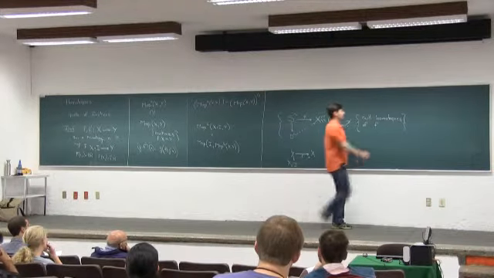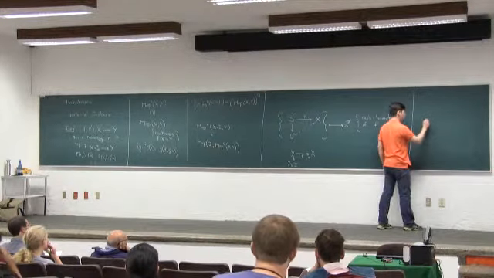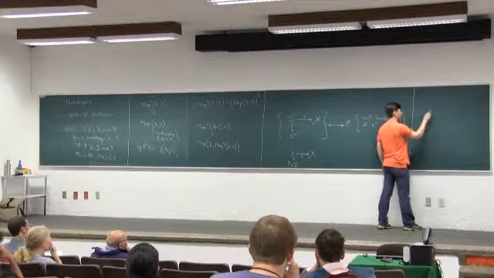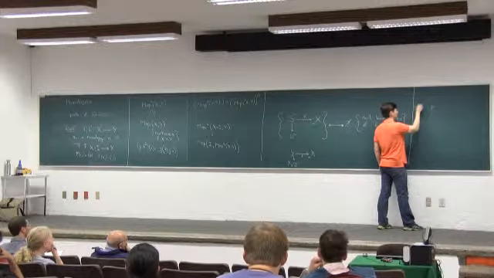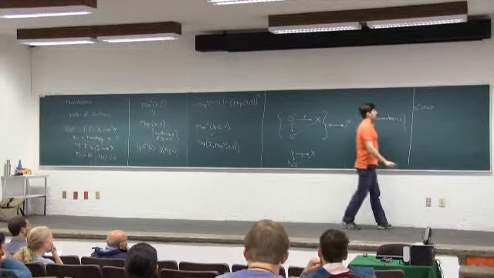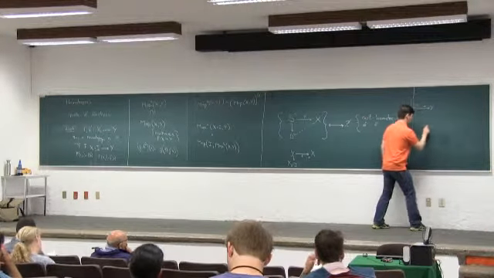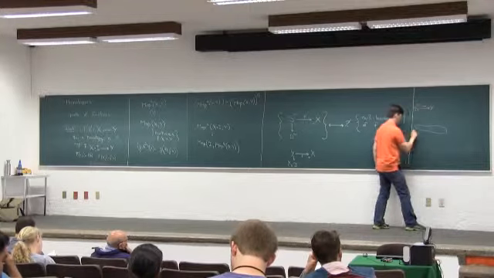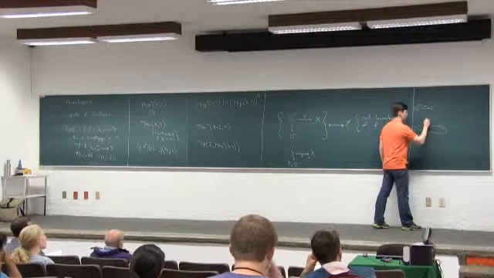Well, let me spell out what the space I'm looking at is. Here I have Y. And then I've given myself a map pi from S^{n-1} to Y. So I'll draw, here's Y. And then I have my S^{n-1}.